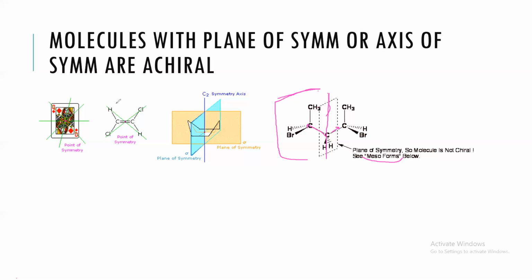So let's agree on something. When a molecule has a double bond, it's not an enantiomer at all, but this one is only done for illustration.